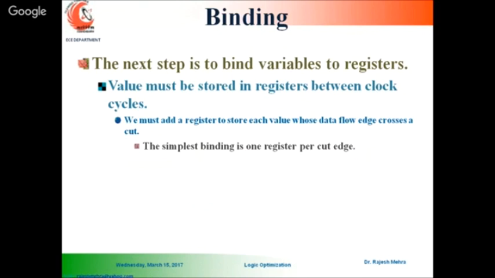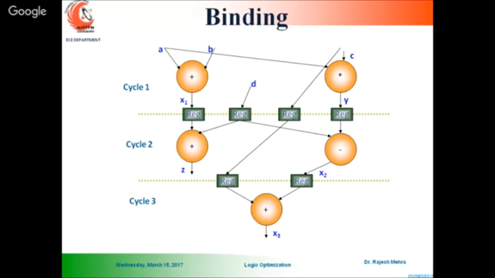For each intersection you can use a register, and you can save data in those registers. So whenever cycle 2, means partition 2, needs that data for processing, it can take that data from the register, right? So registers are used to store the data for each clock, and then you will get this kind of structure.